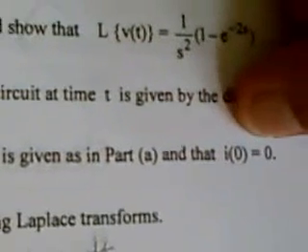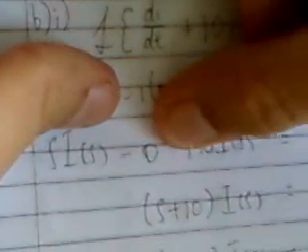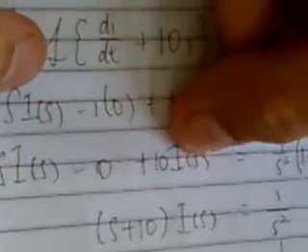Okay. Now we simplify it, because i(0) equals 0, which is given in the question. We convert it to 0. Then after that, s I(s) minus 0 plus 10 I(s) is equal to this.